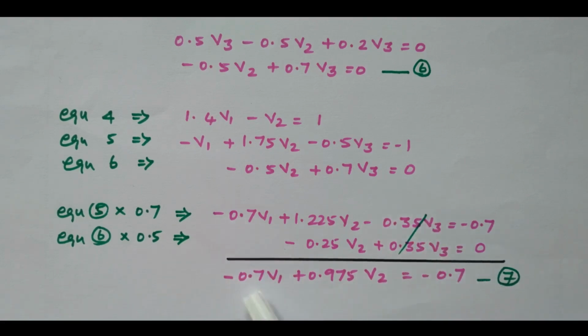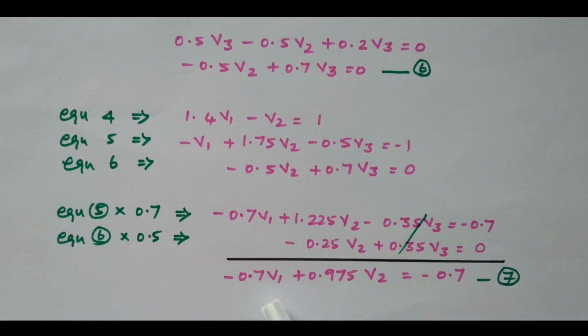So 0.7 V1 is available. V1 term is not available here. Here 1.225 V2, here minus 0.25 V2. So by adding these two we got 0.975 V2. That is equal to 0.7 minus 0.7. Another term is 0. We'll take this as equation number 7.